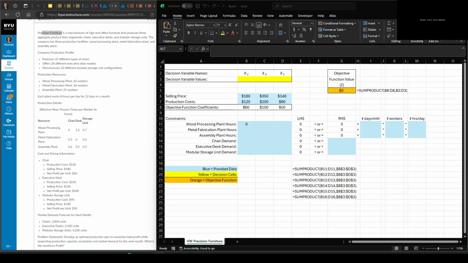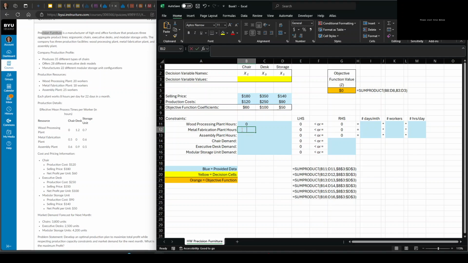Okay, now that we have our resources renamed, our plants renamed, and our demand renamed, let's continue to put in this information. For the chair, if I wanted to be really specific, I could label chair, desk, and storage unit. For the chair, there's 0 time going into the chair at the wood processing plant.